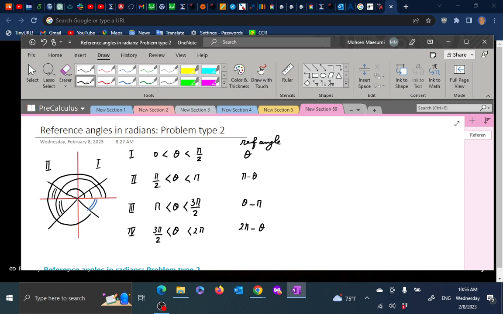If your angle now happens to be more than 2 pi, then subtract 2 pi from it until it falls in this category. This is all good if your angle is between 0 and 2 pi.